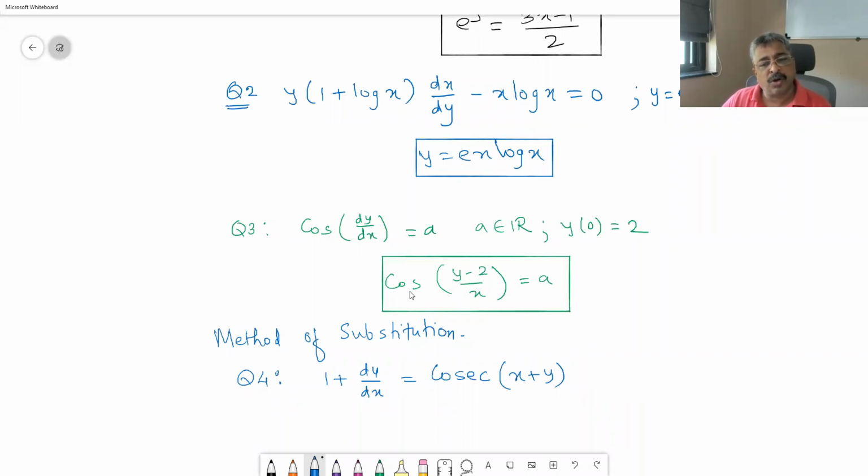Answer for the previous question: cos y minus 2 upon x is equal to 1.